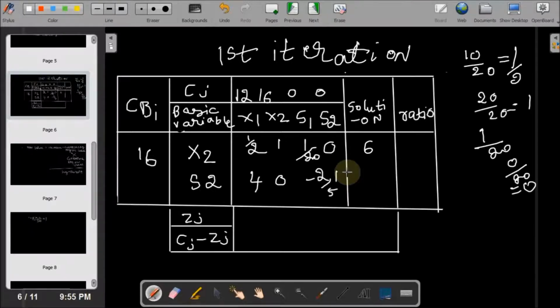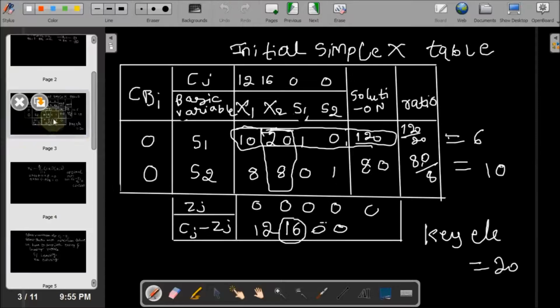Now the solution I have to find out. So for the solution also I have to repeat the same thing. For the solution, what is the value? 80. 80 divided by 20. I will show you that.